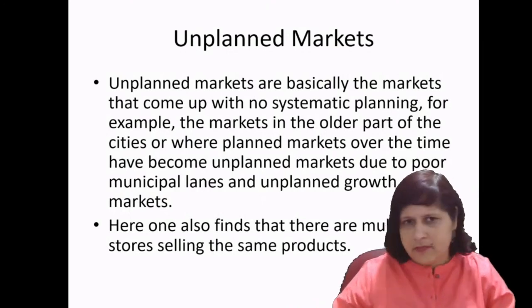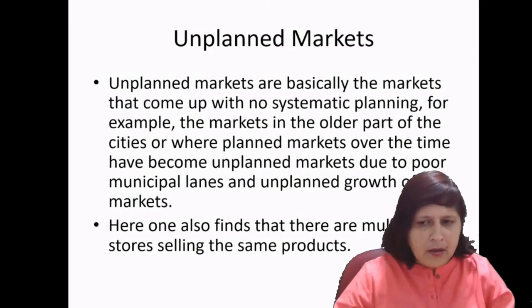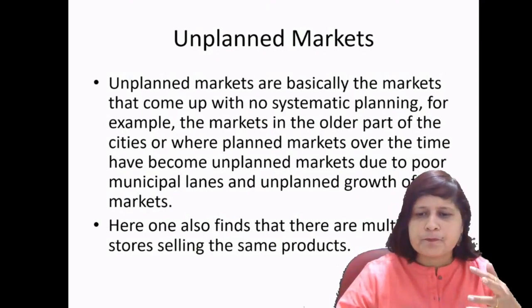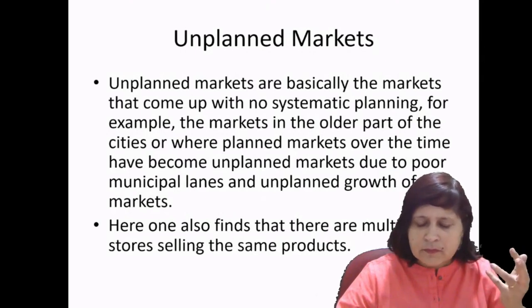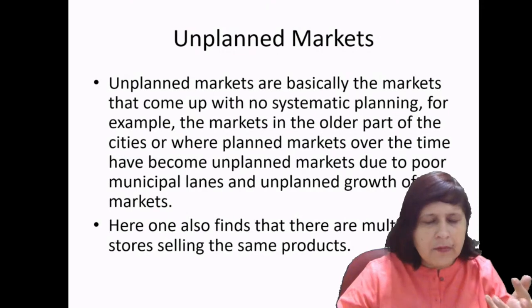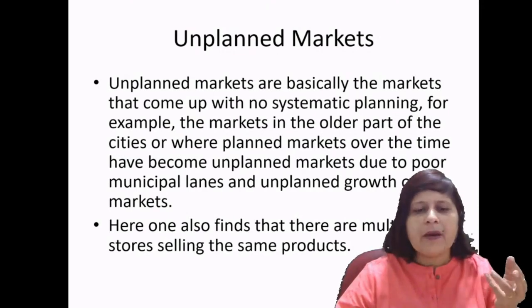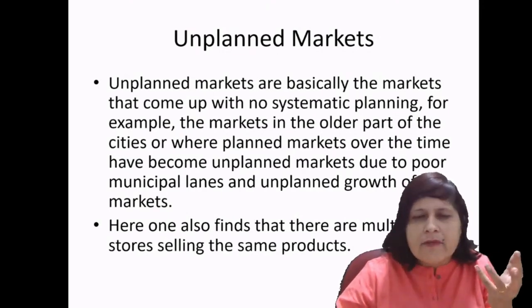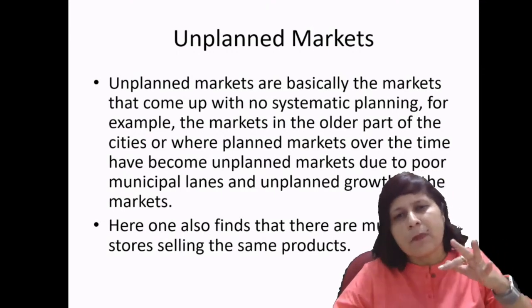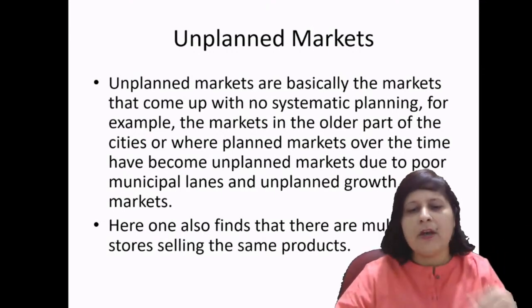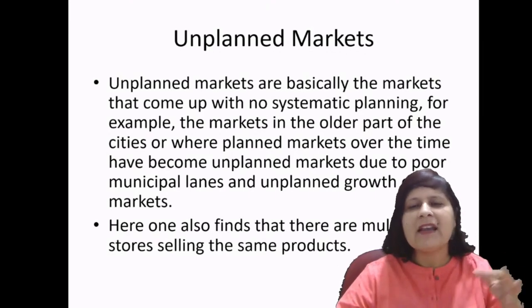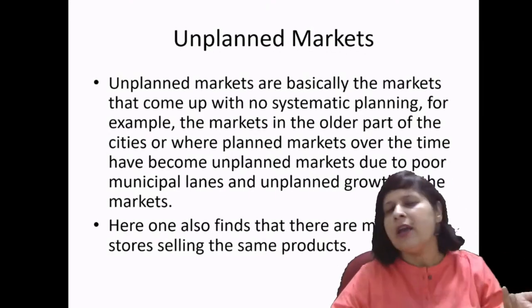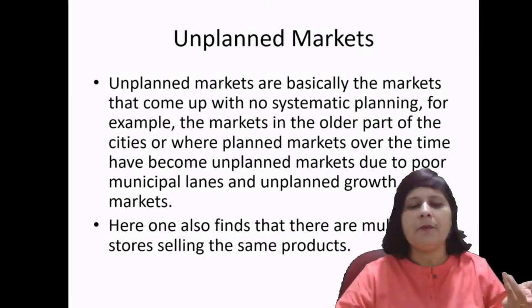Now why do we call it an unplanned market? These markets were planned markets, but because of poor municipal lanes and unplanned growth of the market, these markets became unplanned markets.